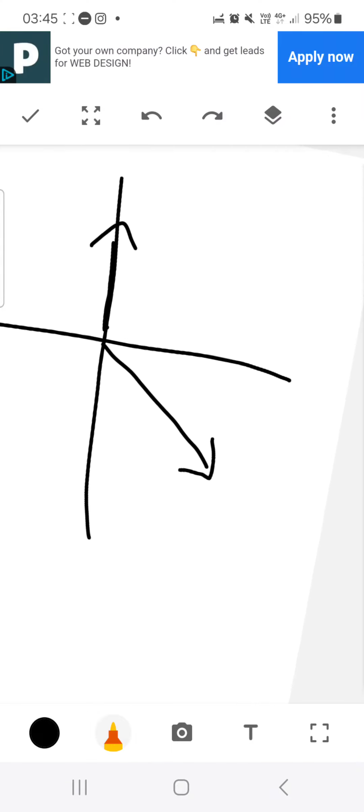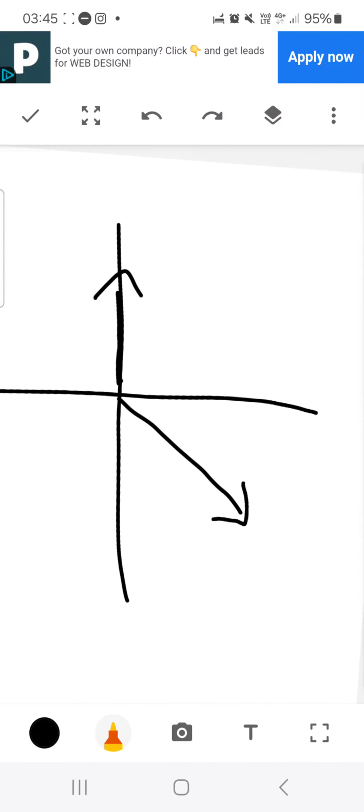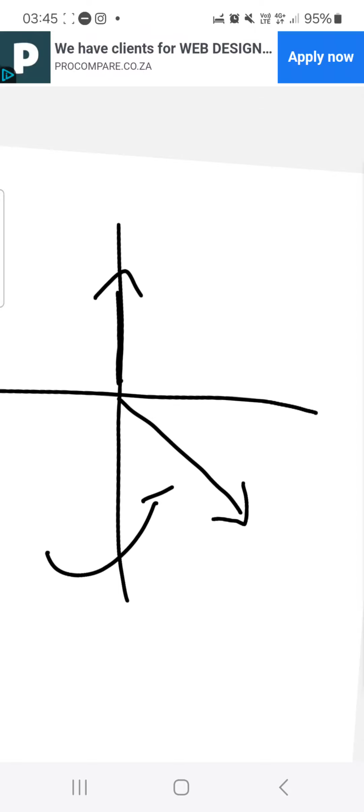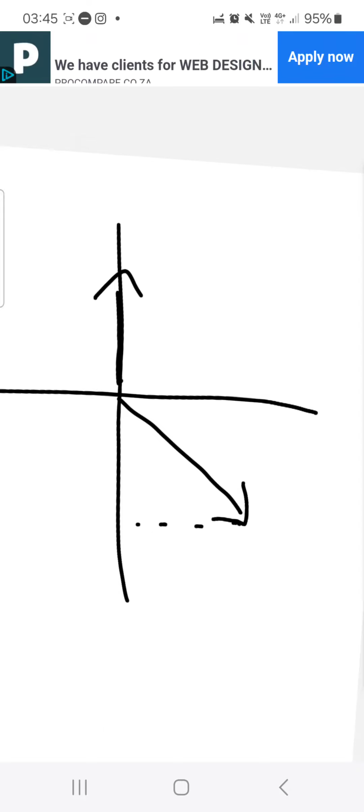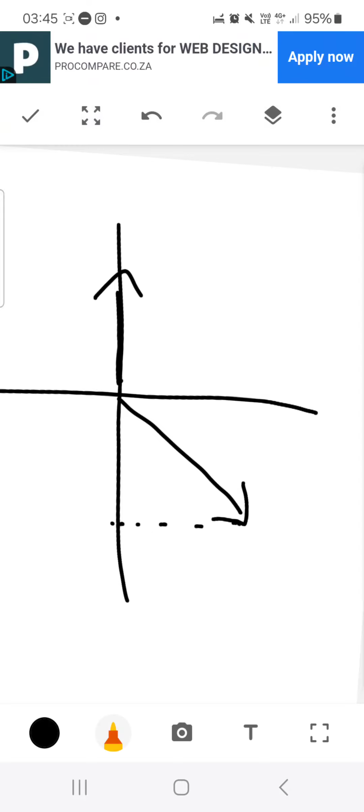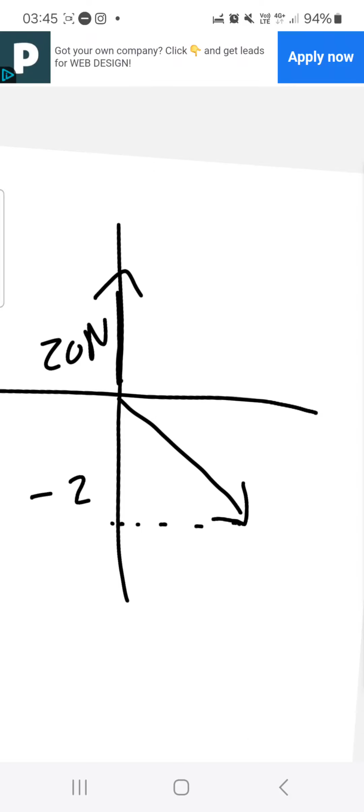If we wanted to do this on the Cartesian plane mathematically, what I would do is we would break it, this one specifically, into its horizontal and vertical components. So if this was, let's say, 20 newtons up, this would be 20 newtons down.